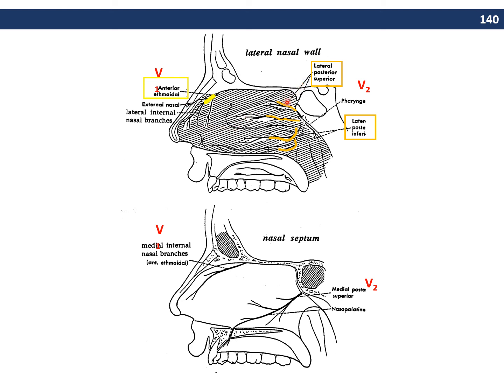The lateral posterior superior branches and lateral posterior inferior branches are branches off that second division of the trigeminal, which is the maxillary nerve.